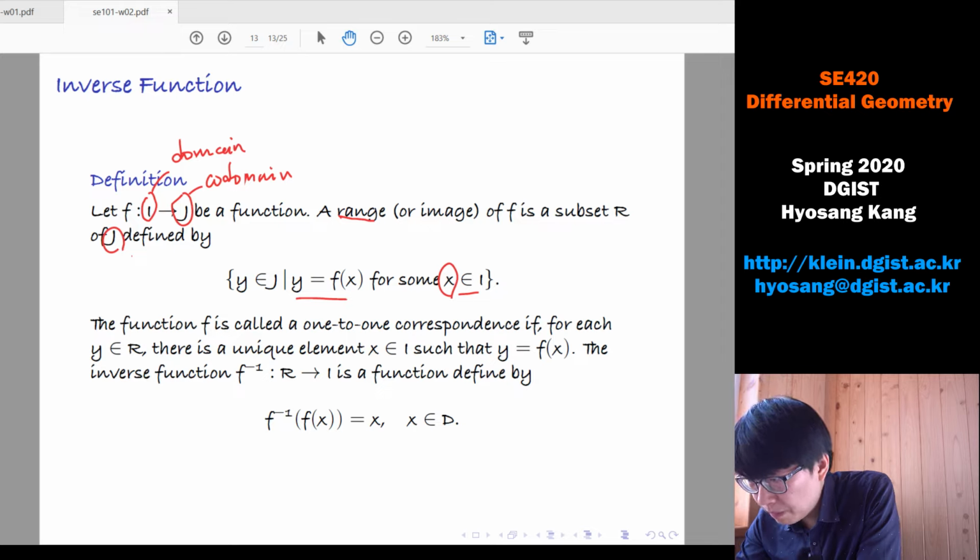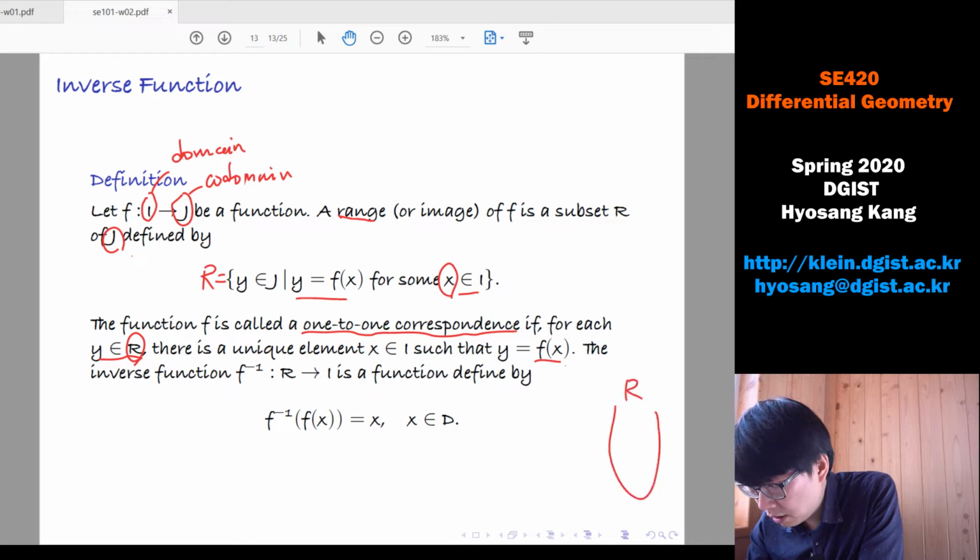We say f is a one-to-one correspondence if for each y in the range R, there is a unique element x in the interval such that y equals f(x). So we have a well-known diagram.